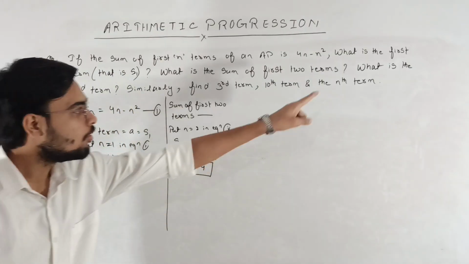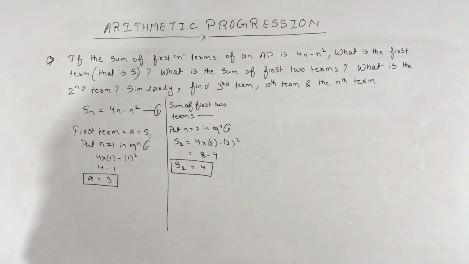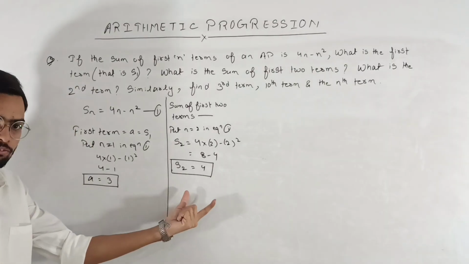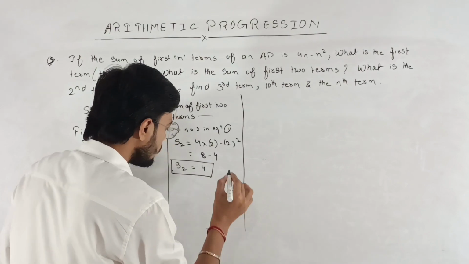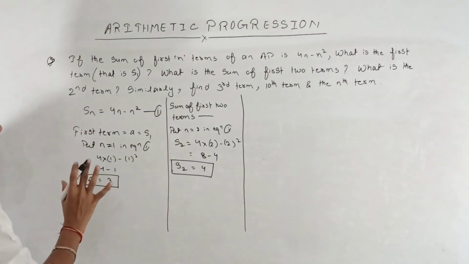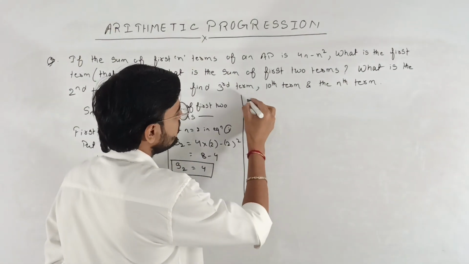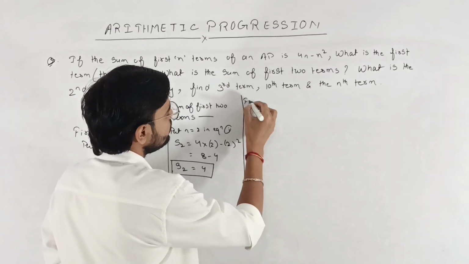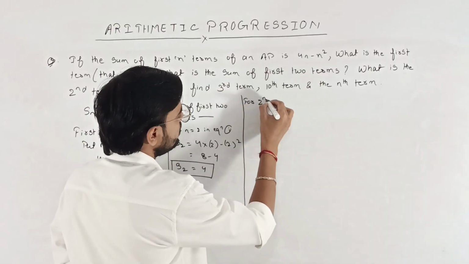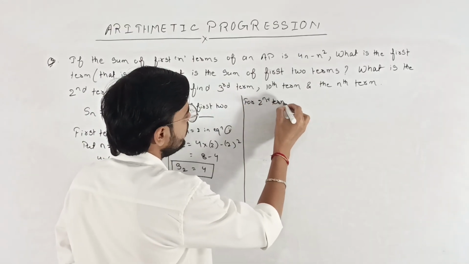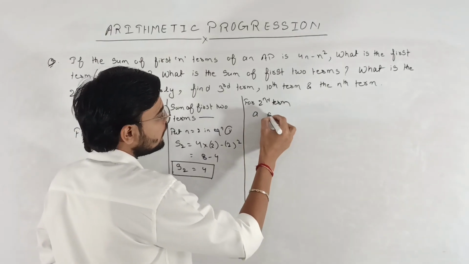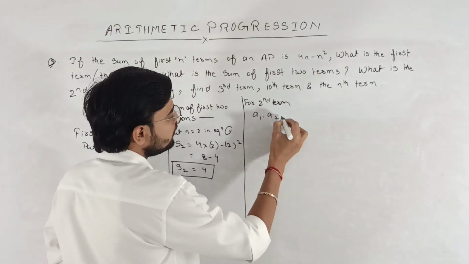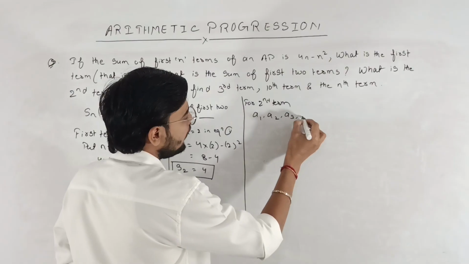Next, the question is asking for the second term. Now look, if this is an AP, then this is the first term A1, A2 is the second term, A3 is the third term, and so on.